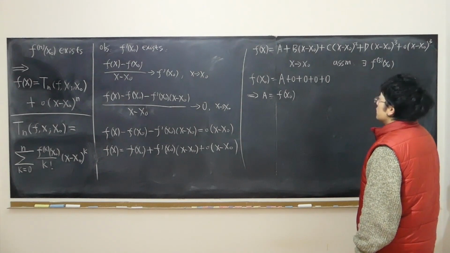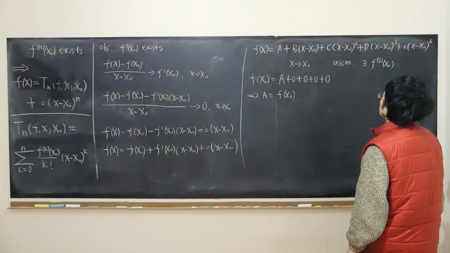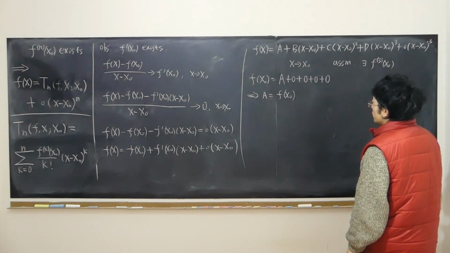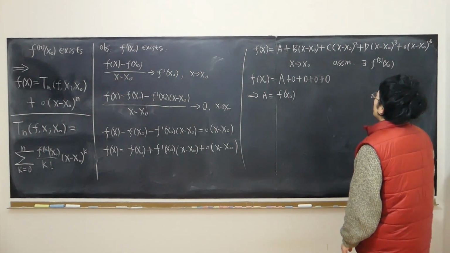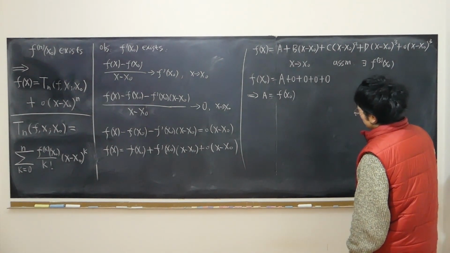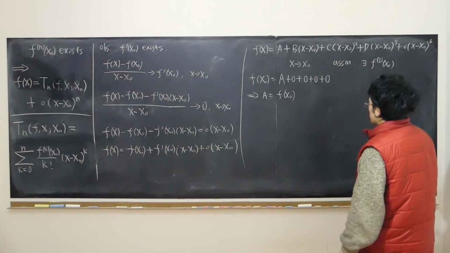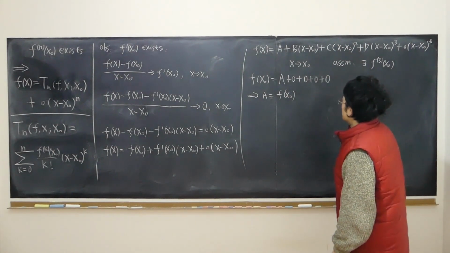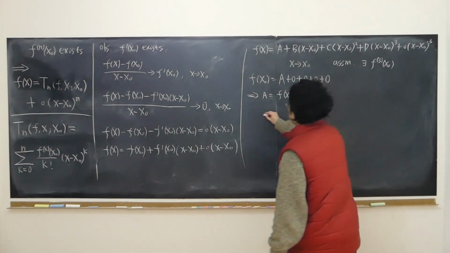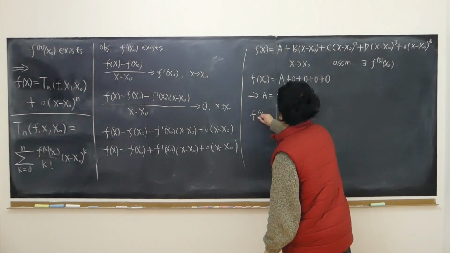And likewise, we can continue to solve for B. This time we'll do something different. This time let's divide everything by x minus x naught, because otherwise B will just disappear as we let x approach x naught. We need to get rid of this thing by dividing by it. So on the left-hand side, now I have f of x.